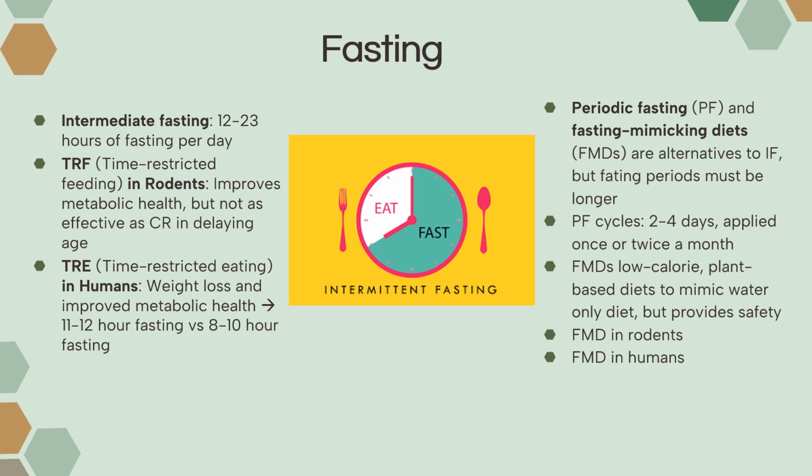FMDs are a low calorie, plant-based diet that mimics water-only diets but provides more safety because you still are getting some sort of nutrients. The FMD cycles were able to express anti-inflammatory as well as metabolic and regenerative effects, making the potential for disease prevention and treatment much more present within both humans and rodents.